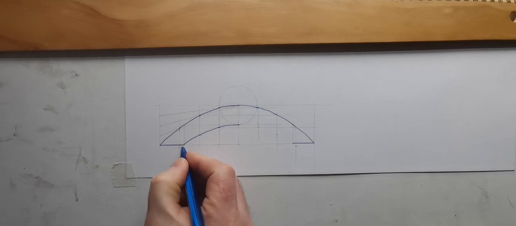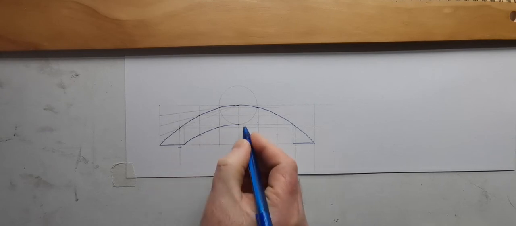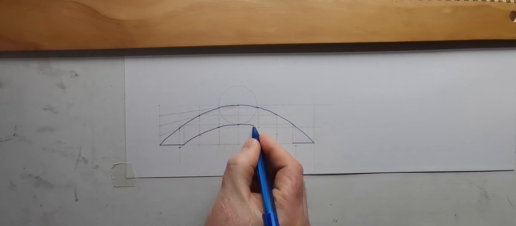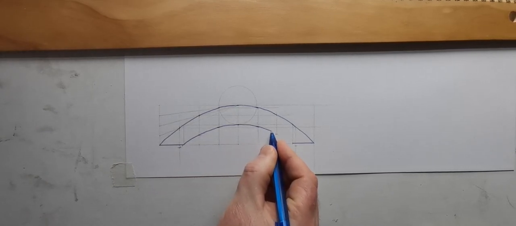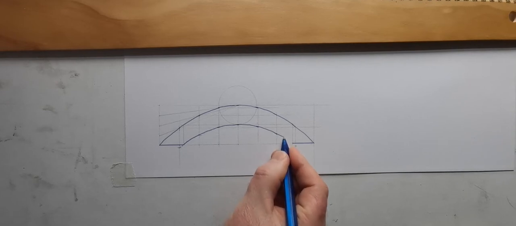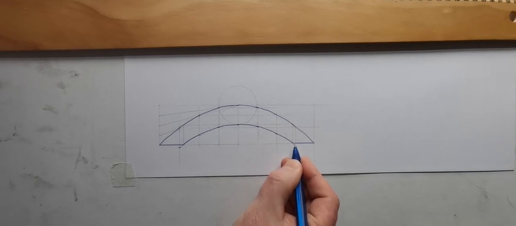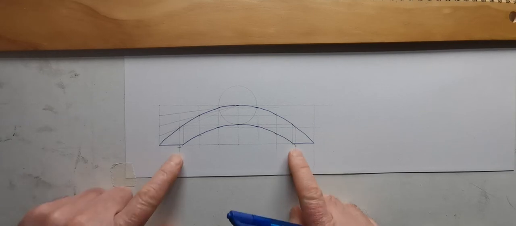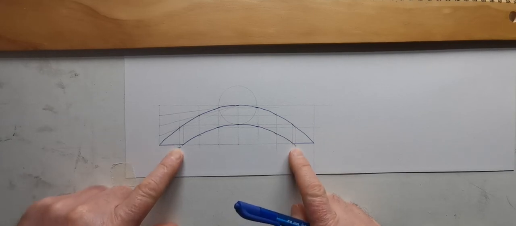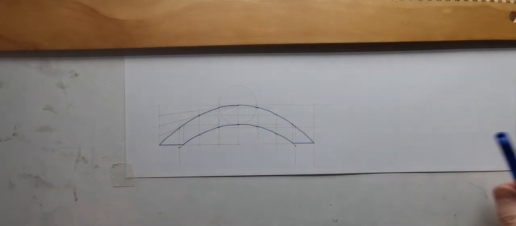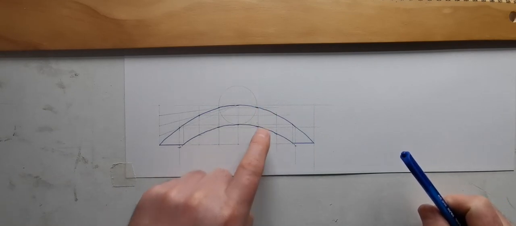So if you didn't have that found, I'll just show you there, you just continue that with a dotted line, just to show there that you were going definitely for that point. So that is the parabola sorted.